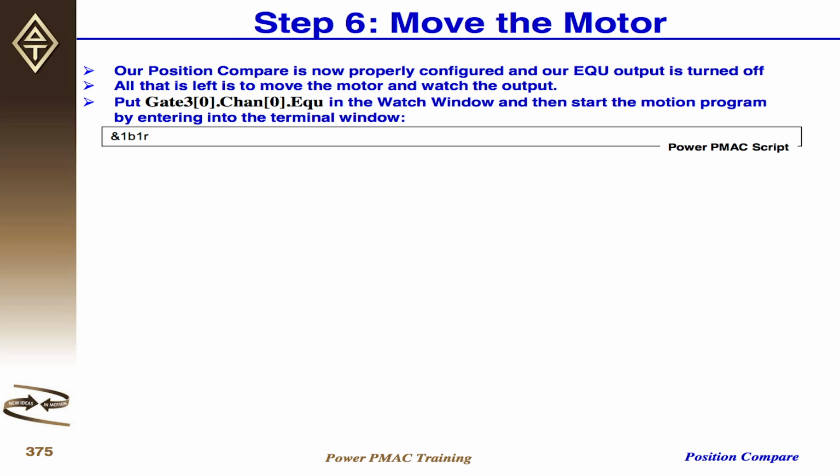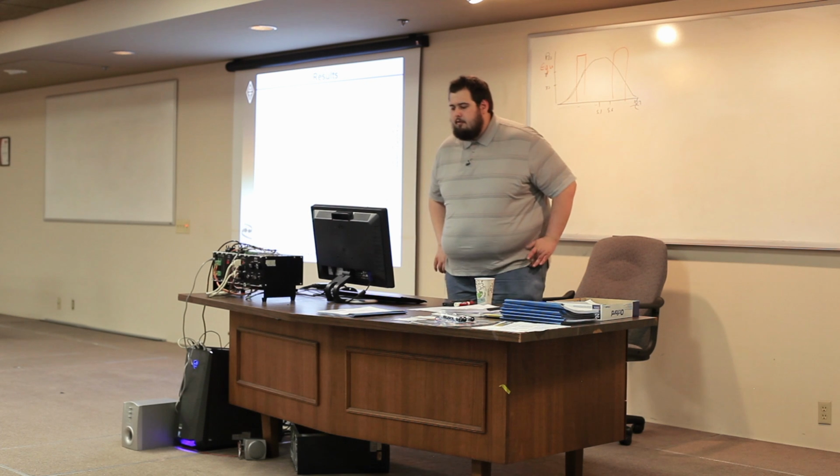And then the last thing you need to do, once your motor is homed, your home offset's put into it, and your CompA and CompB are stored in those two values, just run the motion program. Issue AND1, B1R, or whatever coordinate system you chose to put this in, whatever program number you chose to use for it, and running it, you should end up with a plot that is very hard to see on the projector.